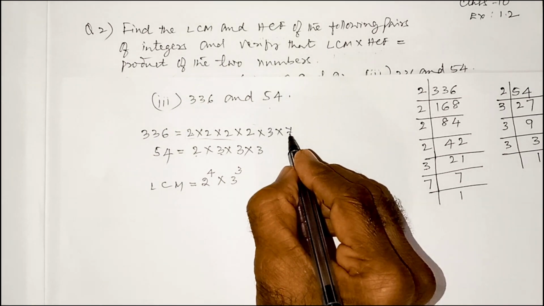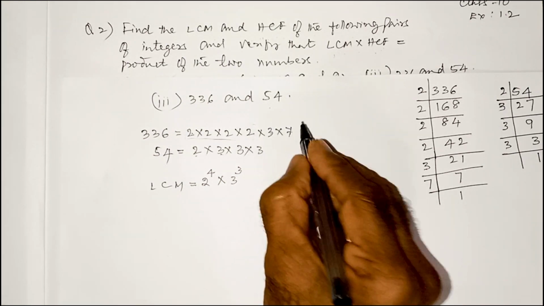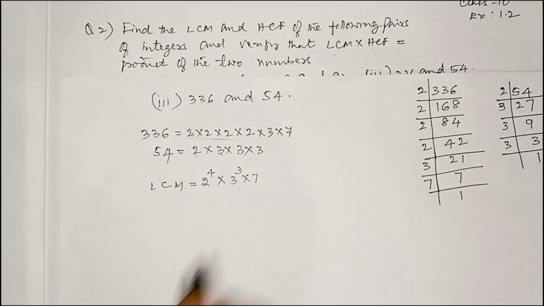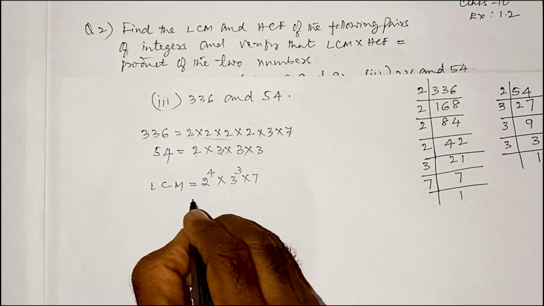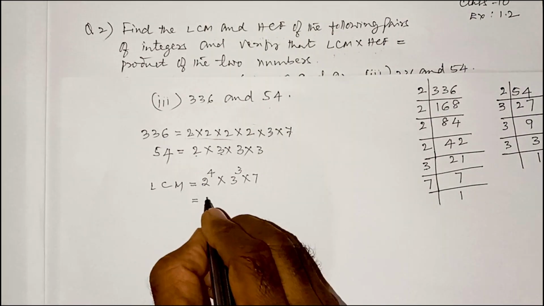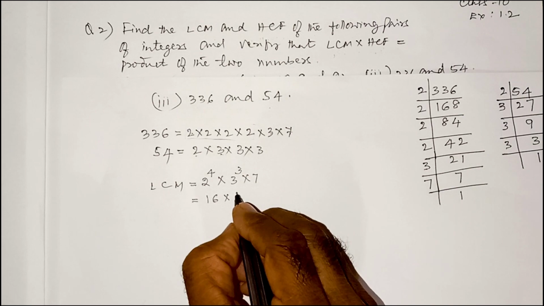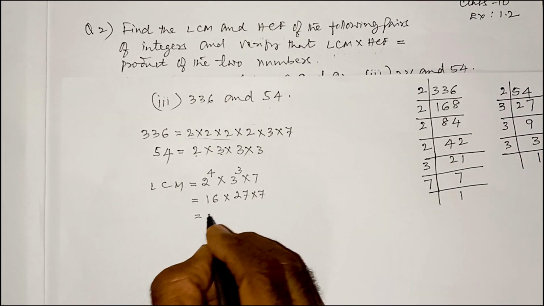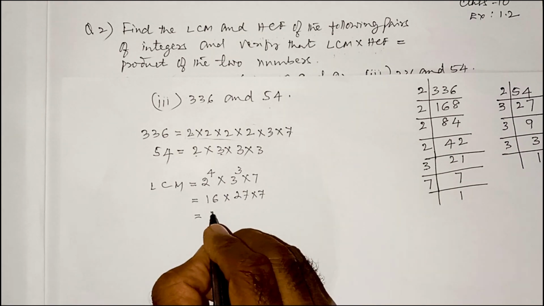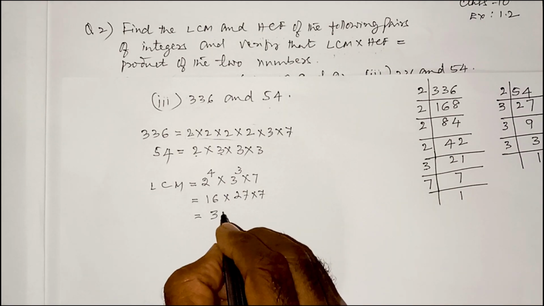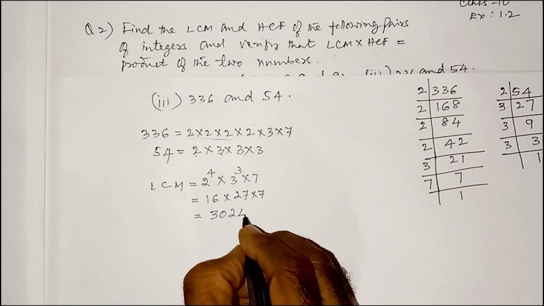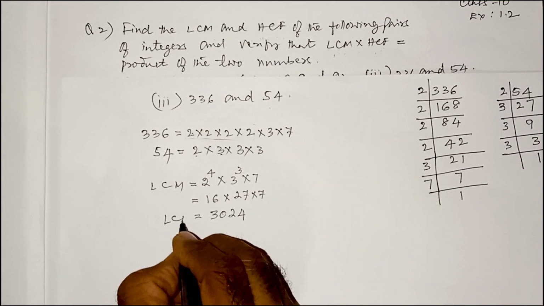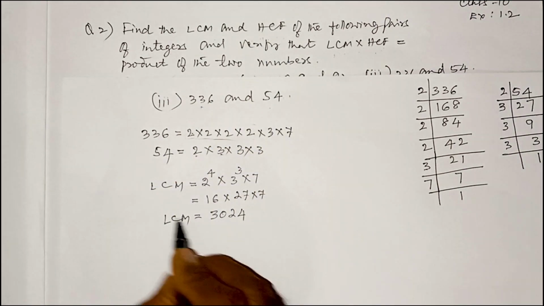Left with 7, which is not available here. So you need to take 7 once. When you multiply, you get 16 into 27 into 7. If you multiply, it is 3024. So the LCM of these two numbers is this.